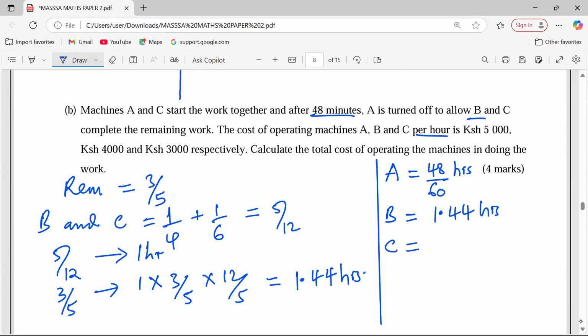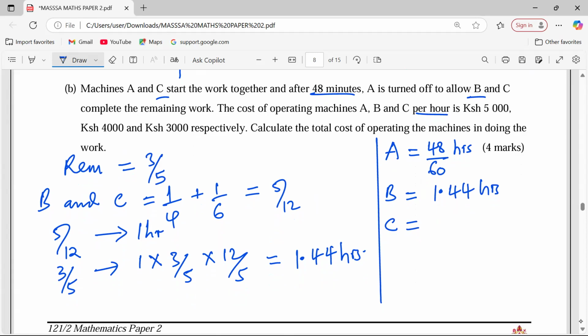Then C is going to work for, remember C started working, and the time A is being turned off, C continued working with B. So C worked for 48 over 60, and also for the 1.44 hours together now with B. So we add 48 over 60 to 1.44, and this becomes exactly 2.24 hours.